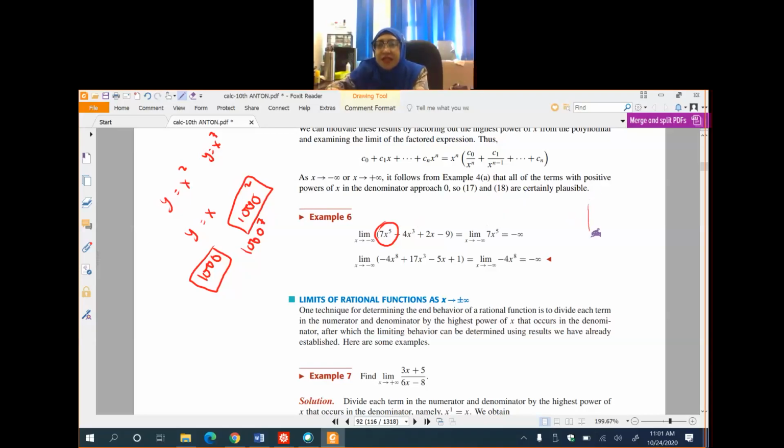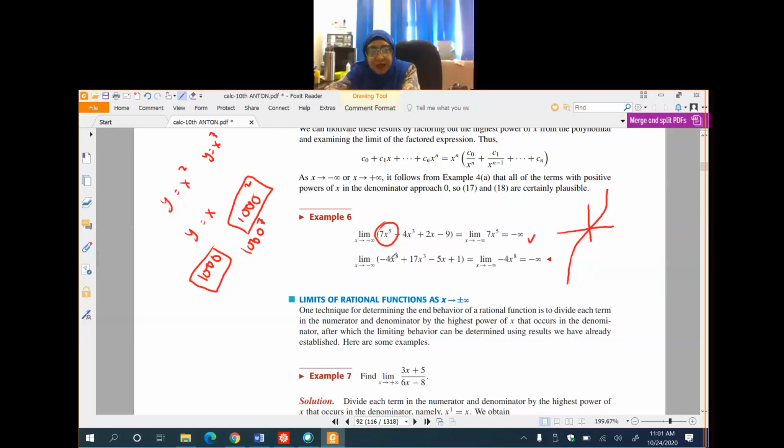We know that the shape will be somewhat similar to this one, so as x tends to negative infinity, it will be going down. It will be negative infinity.